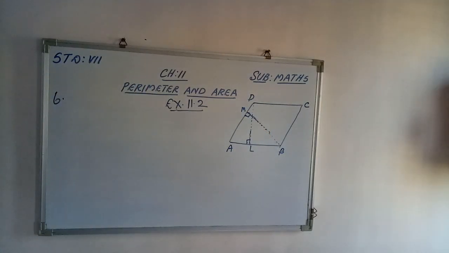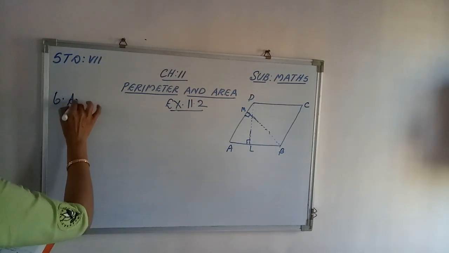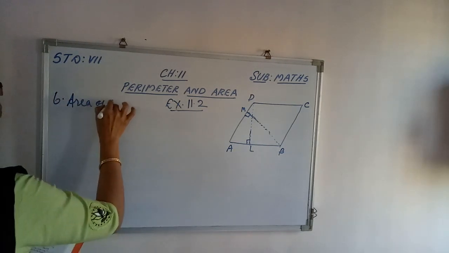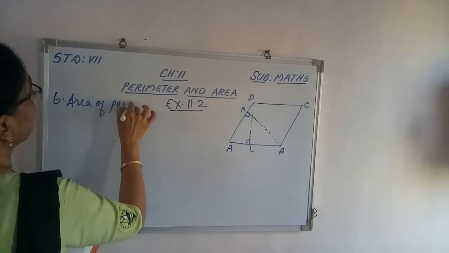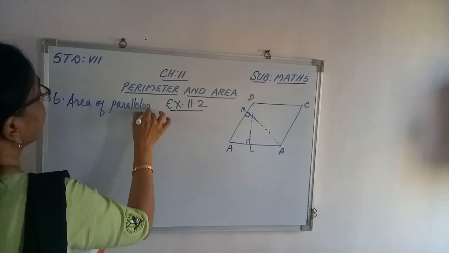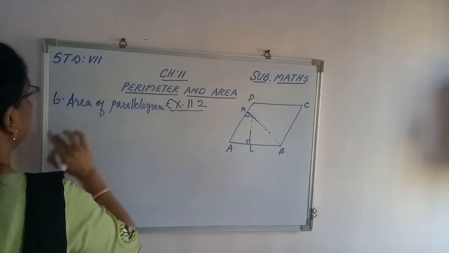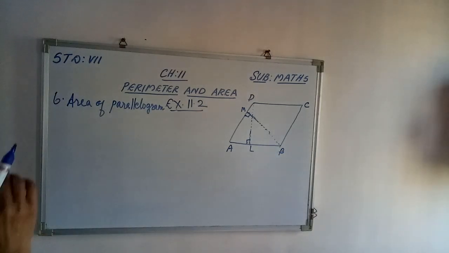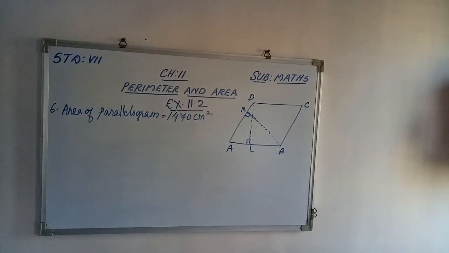The area of the parallelogram is given as 1470 centimeter square.